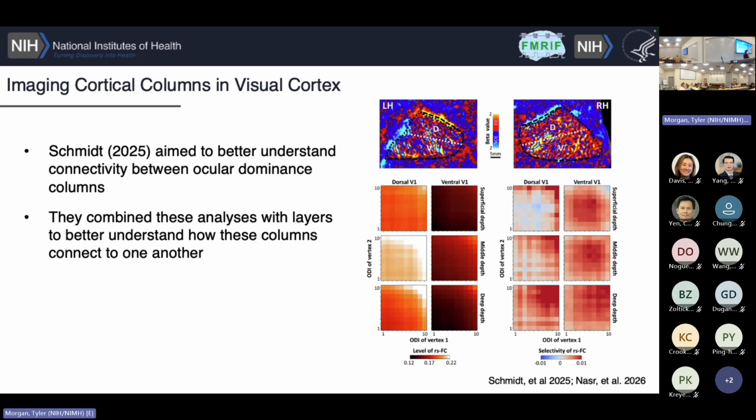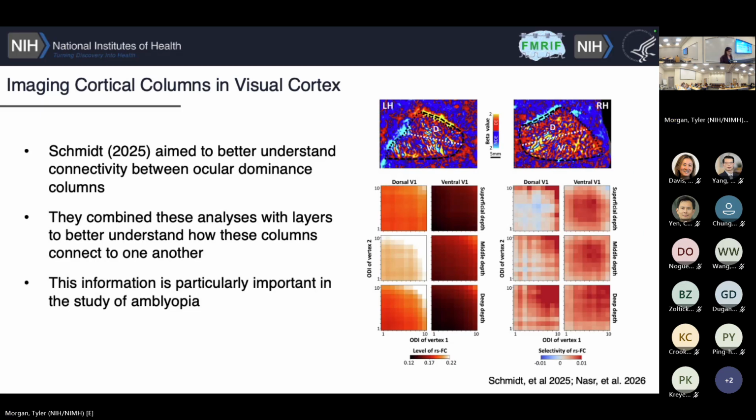They did a mapping experiment to understand how different portions of V1 respond to one eye or the other eye individually. Then they tried to understand, if we look at connectivity between these, is the connectivity lower when you're going to a column from the other eye? Are you more connected to the ones that are all of the same eye? And how does this change through the different cortical layers?